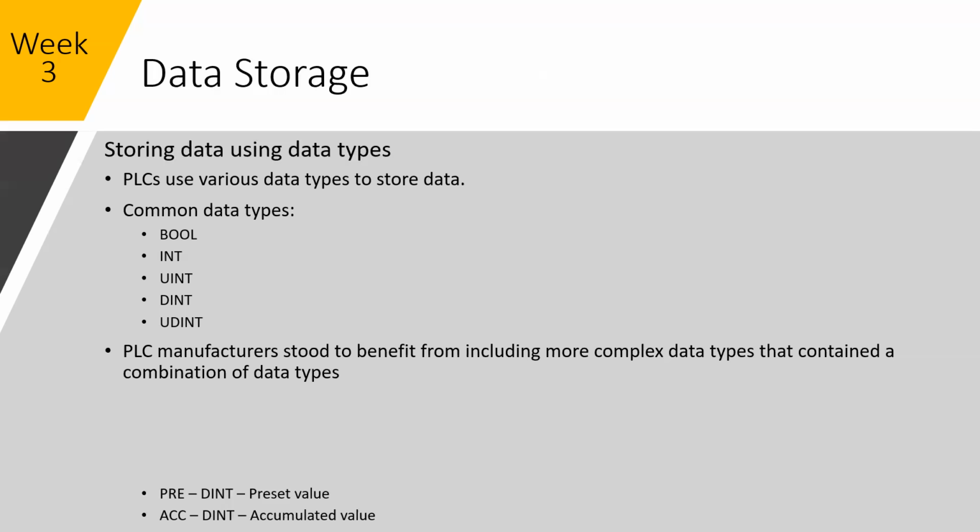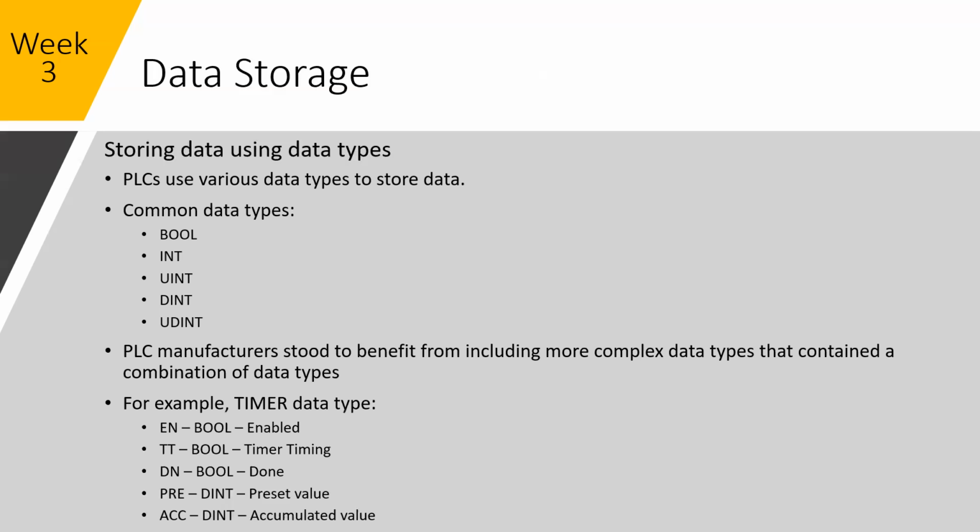PLC manufacturers stood to benefit from including more complex data types that contain a combination of data types. So this means that there are data types that are designed for more complex actions than just examining if something's on or off.